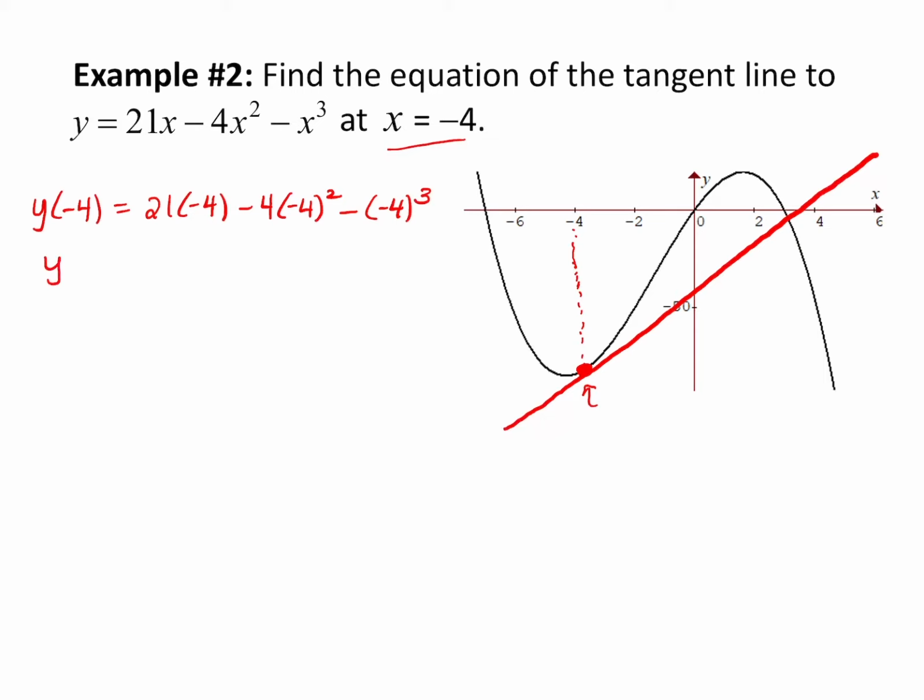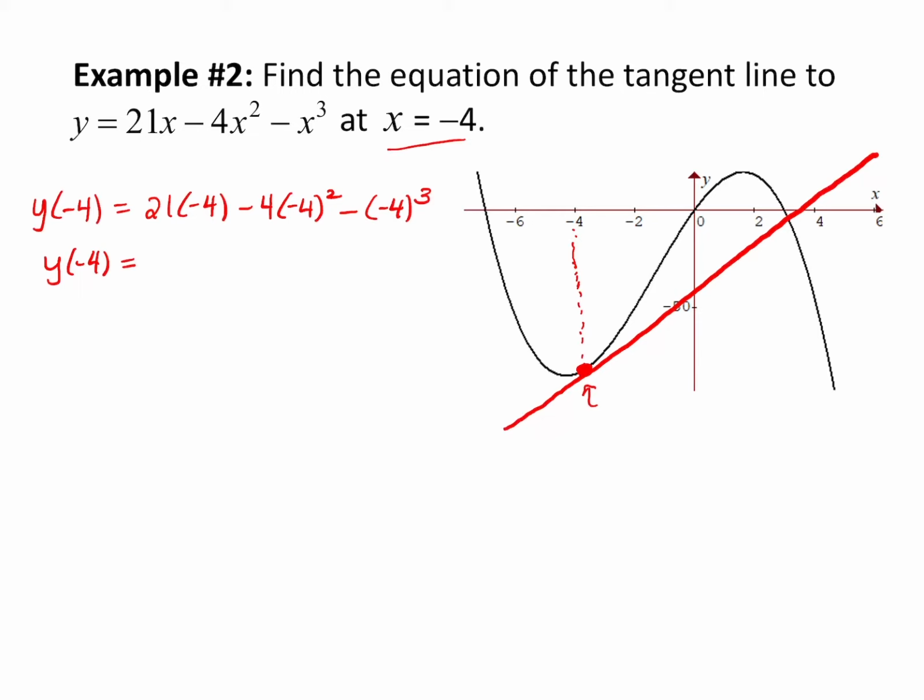And if we calculate this out, we'll have 21 times -4 minus 4 times, don't forget to square the negative, so -4 squared, minus -4 cubed.